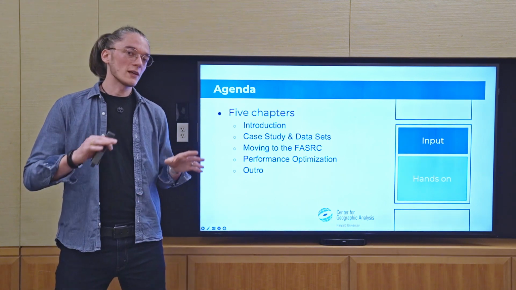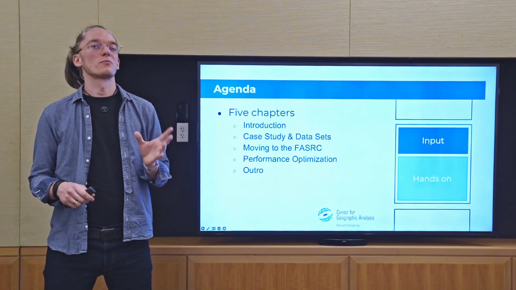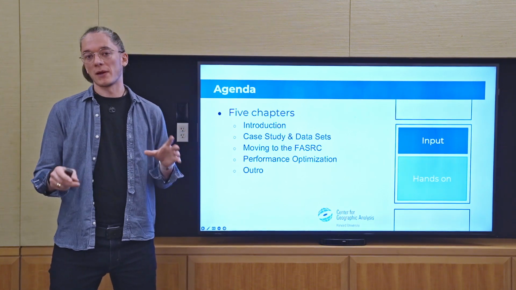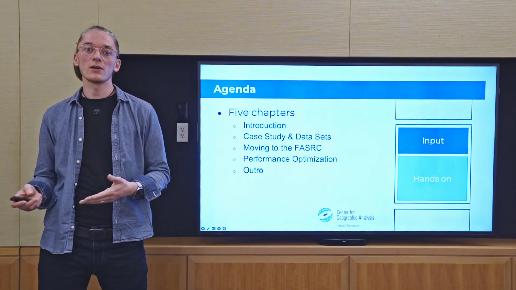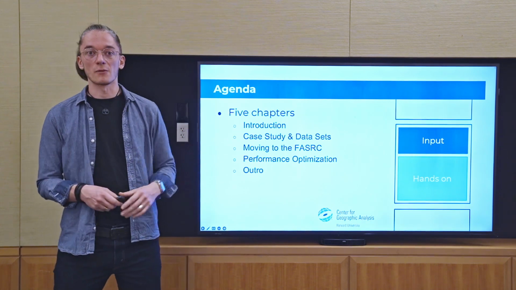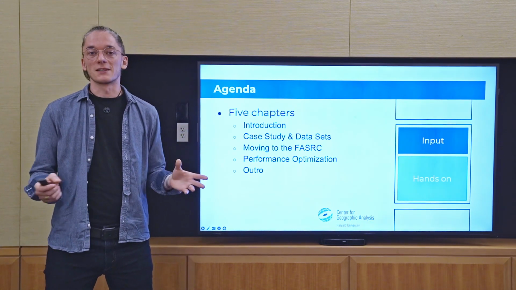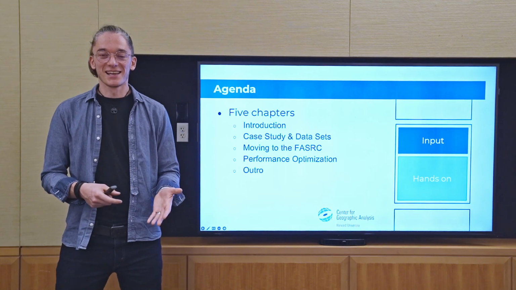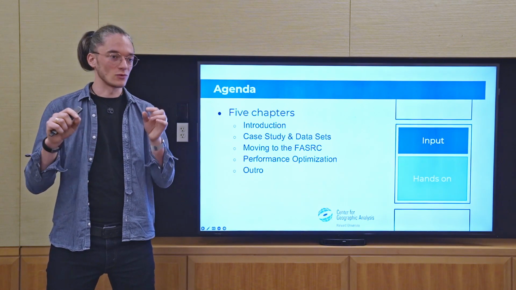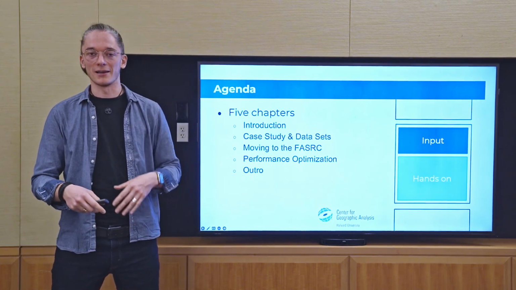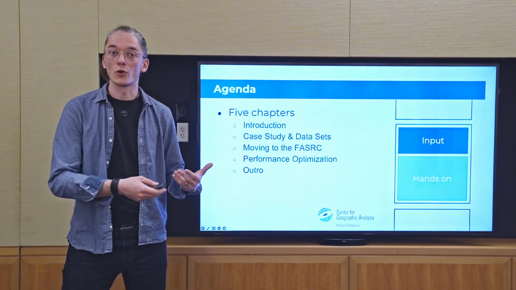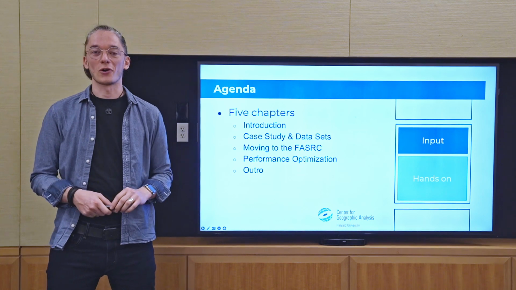If you want to do this all step by step yourself, then I would assume you want to have 1 to 2 hours per module, depending a little bit on your previous knowledge and experience. For example, in the first one, where we discuss the structure of the FASRC, that is easily explained, but really clicking on all the websites that we introduce, going there with the terminal, the command line, using SSH to connect to the cluster, and then starting a compute node session, we go into detail about all of this.